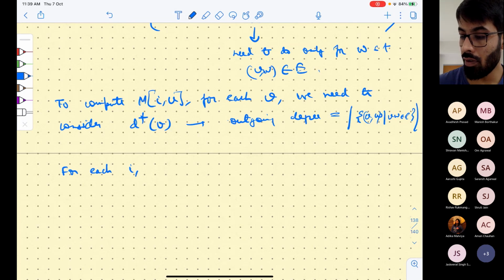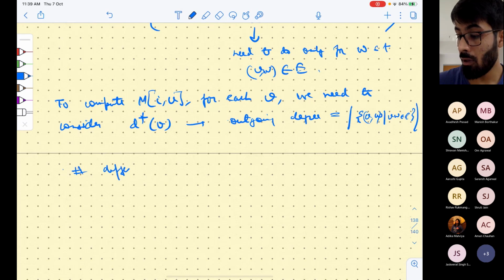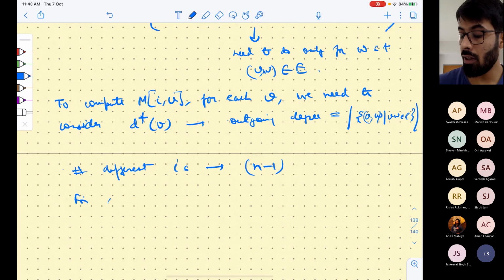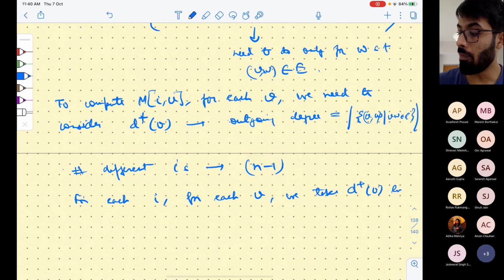The number of different length paths is n minus 1. And for each I, for each V, we take d plus of V time.